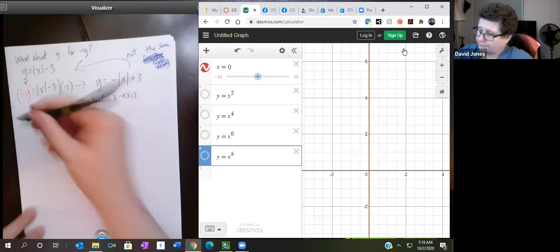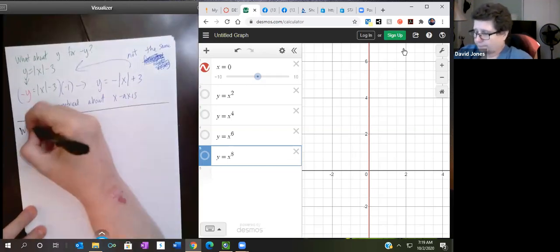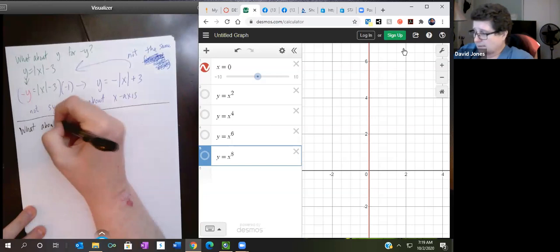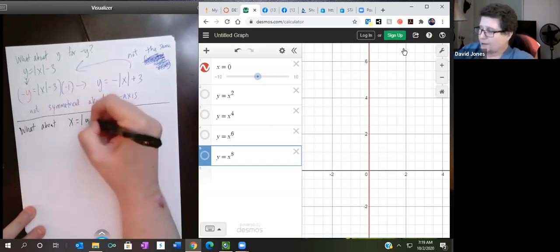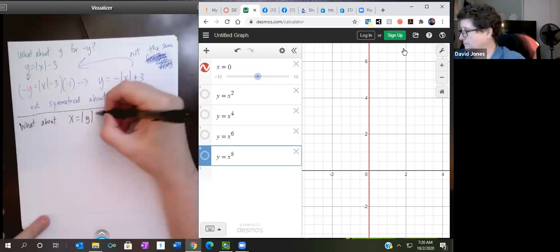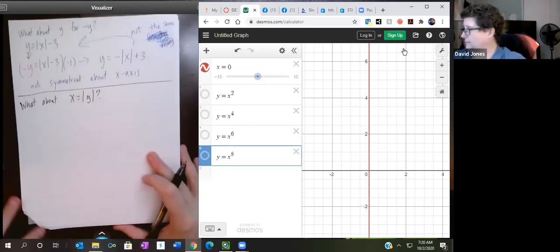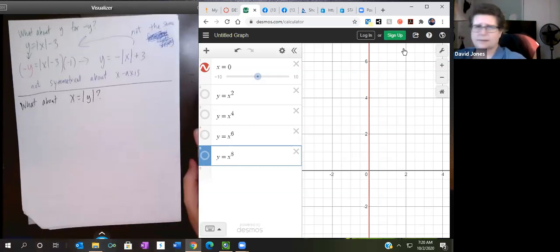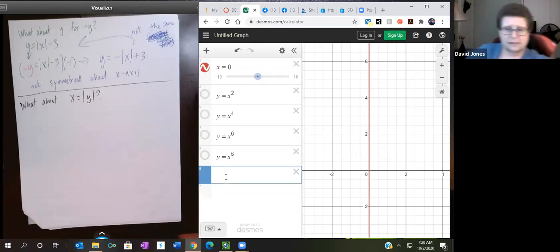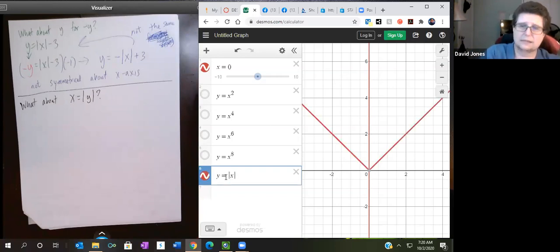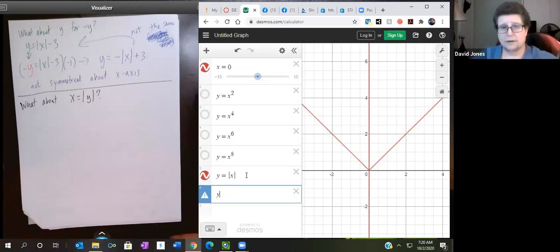What about x equals the absolute value of y? Go ahead and try to figure that out. I'm going to show these real quick. Oh, make that -3.